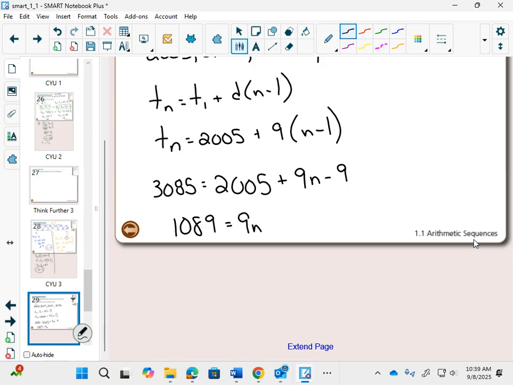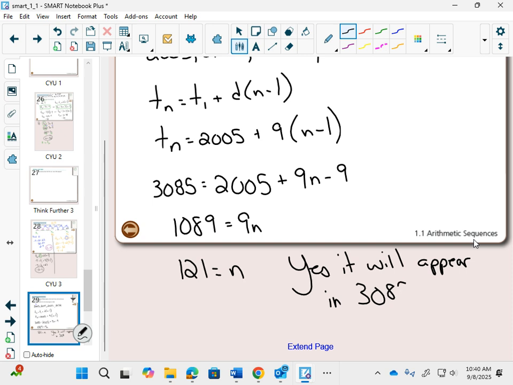Now I take this and divide it by 9. And it worked out perfectly, because it's not a decimal. Yes, it will appear in 3085, which makes me happy.